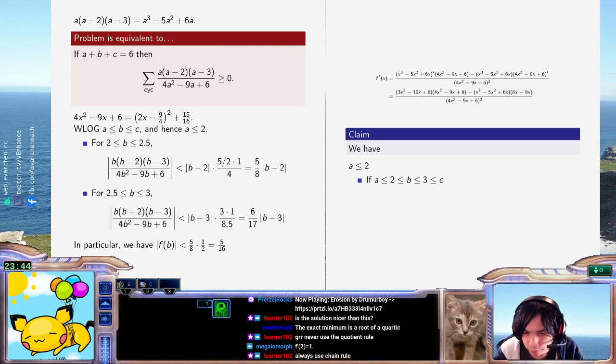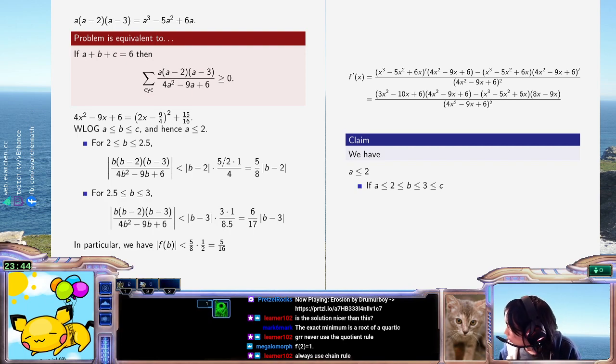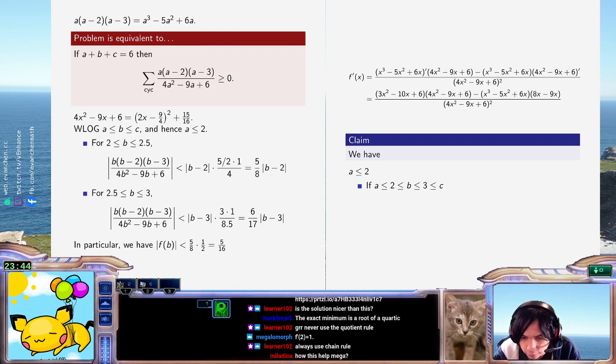Okay, so I need to now plug in 3 values. I'm plugging in the derivatives at 0, 2, and 3. So for 0, this is 36 over 36 equals 1.